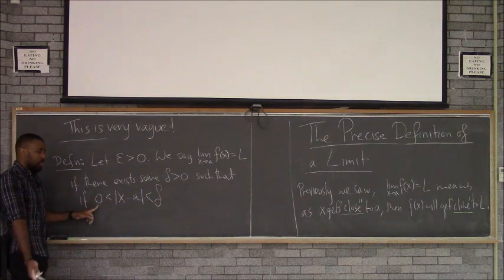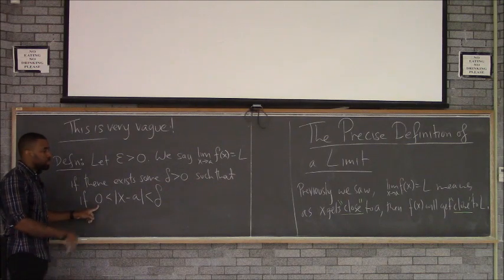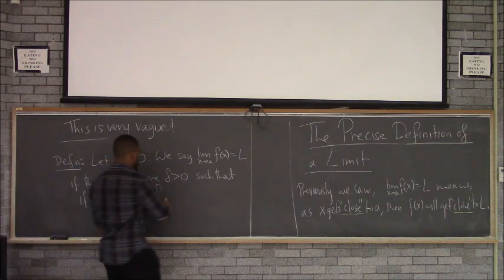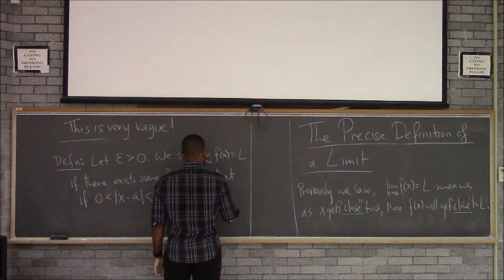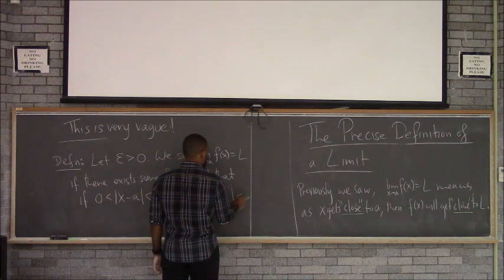They can never actually be the same. We don't care if x is actually equal to a. Then the distance between f of x and the L value will be less than epsilon.